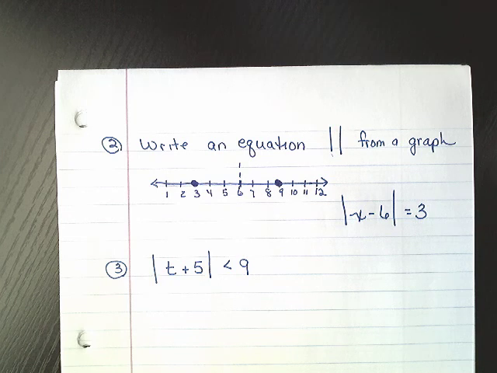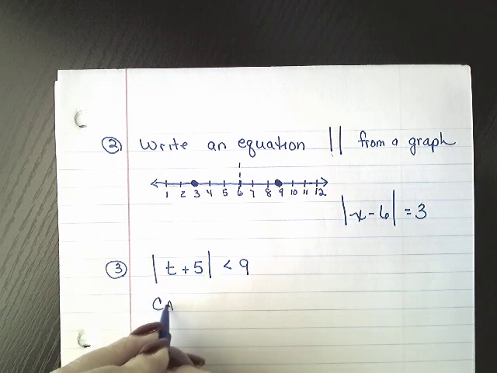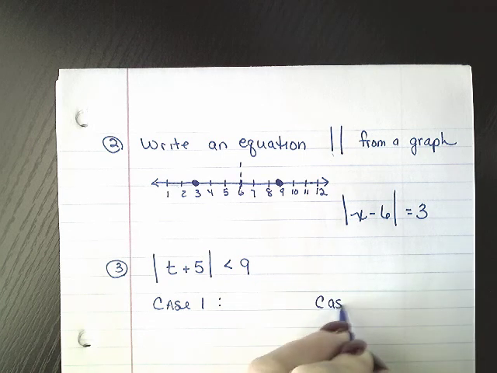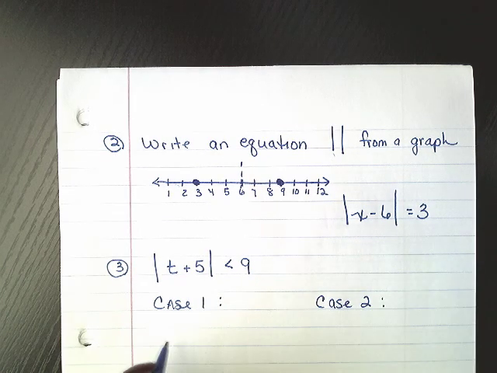All right, so we're going to do this in case 1 and case 2. So case 1 and case 2. So case 1 would be t plus 5 is less than 9.